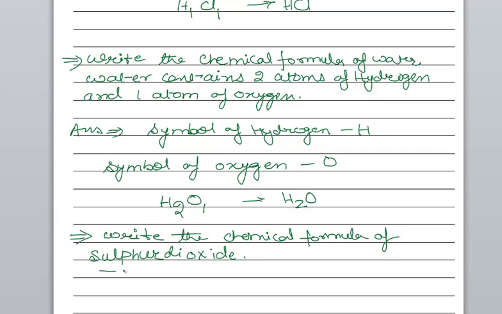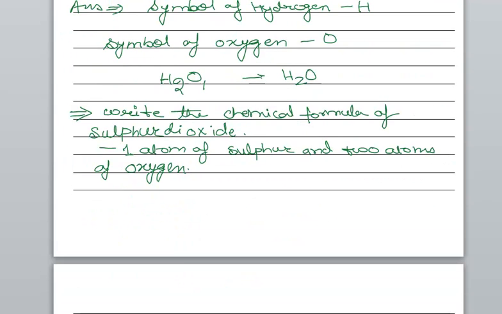It contains 1 atom of sulfur and 2 atoms of oxygen. How will you write the formula? See, there is 1 sulfur atom. Now, what is the symbol?